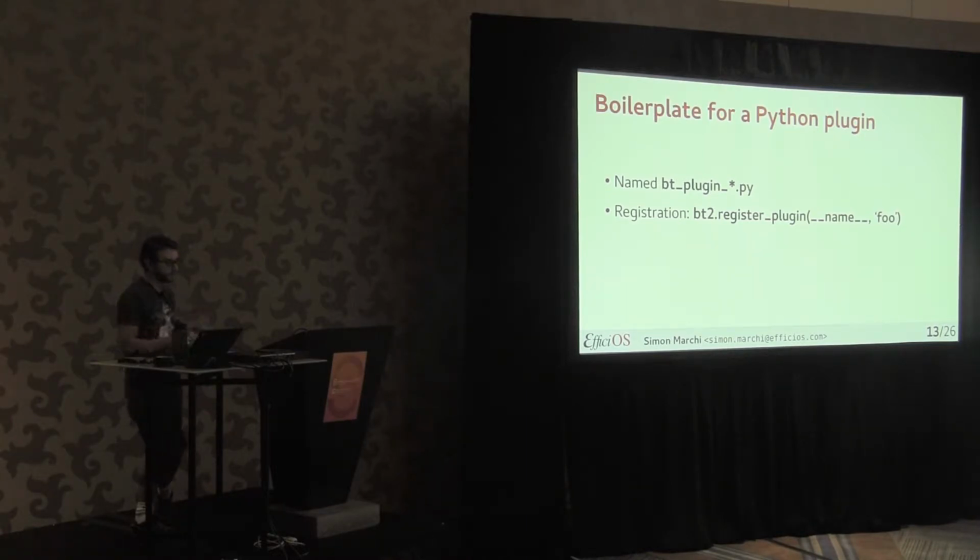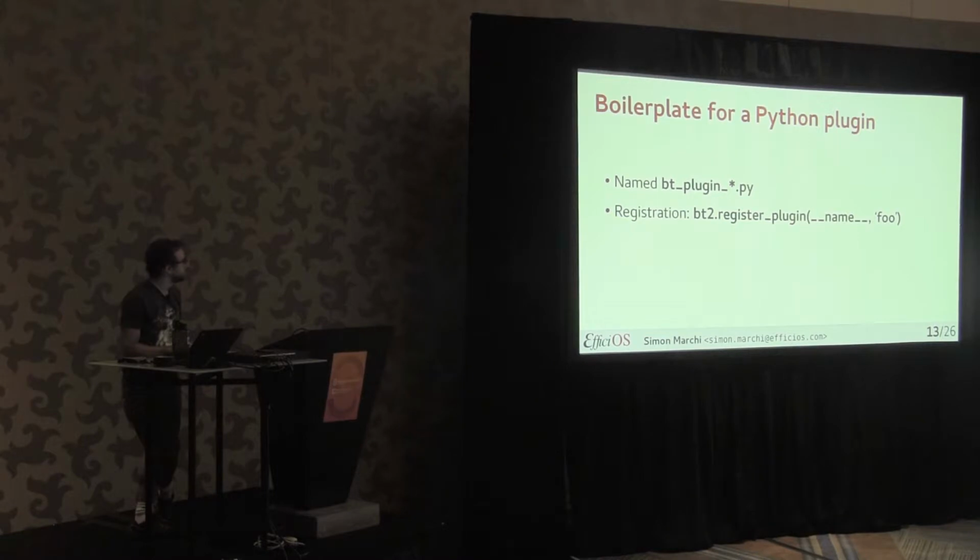To make a Python plugin, Babeltrace will look for files in its plugin path that are named bt_plugin_something.py. The something can be anything. It's not the name of the plugin. It just looks for files named like that and runs them. In the file, the boilerplate consists of that line. You need to register your plugin.